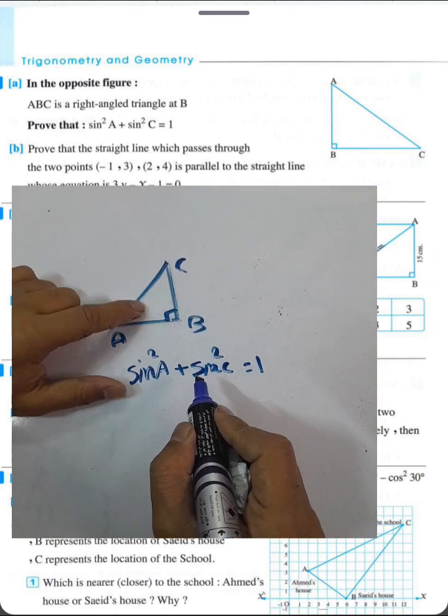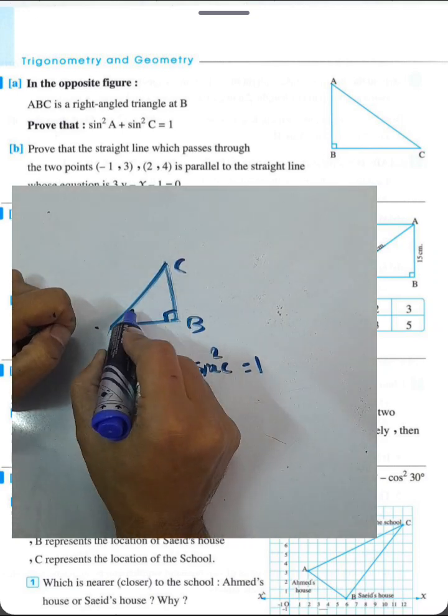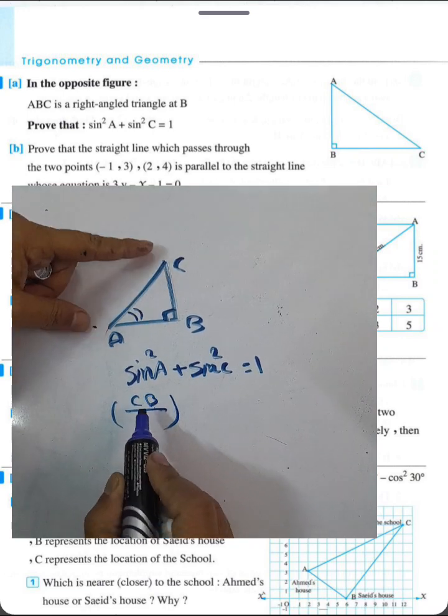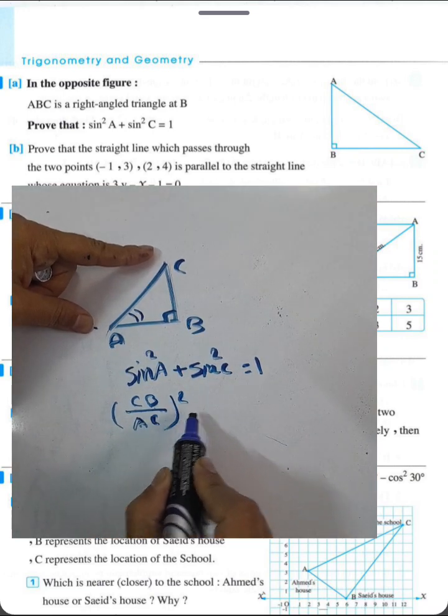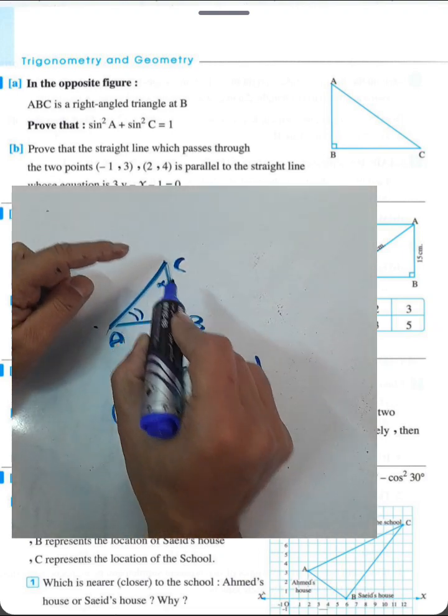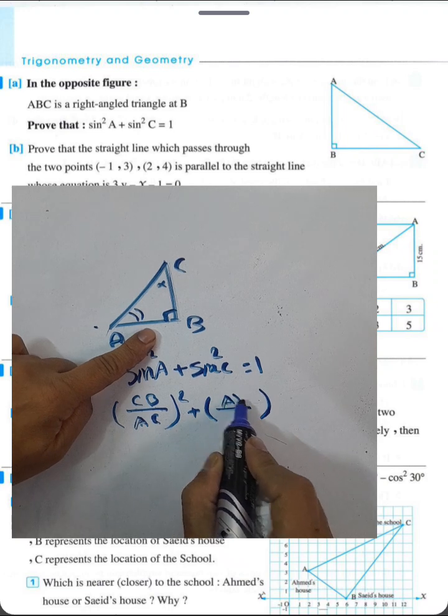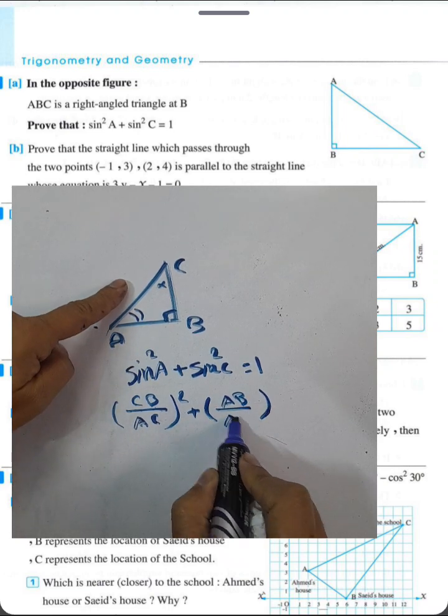Okay, we can solve this example. Sine A will be opposite CB over hypotenuse AC, all power 2, plus sine C, which will be opposite AB over hypotenuse AC, all power 2.